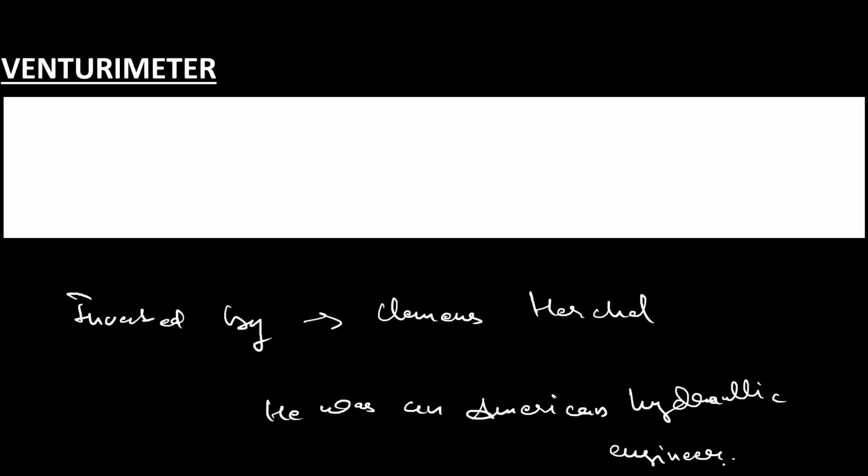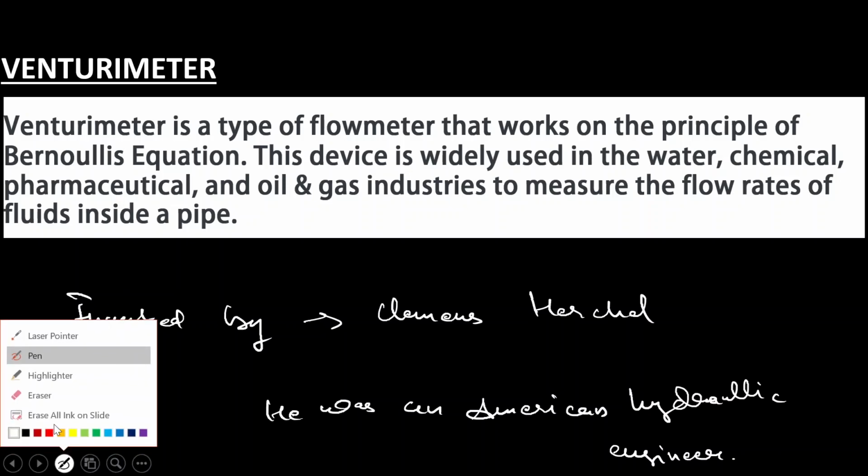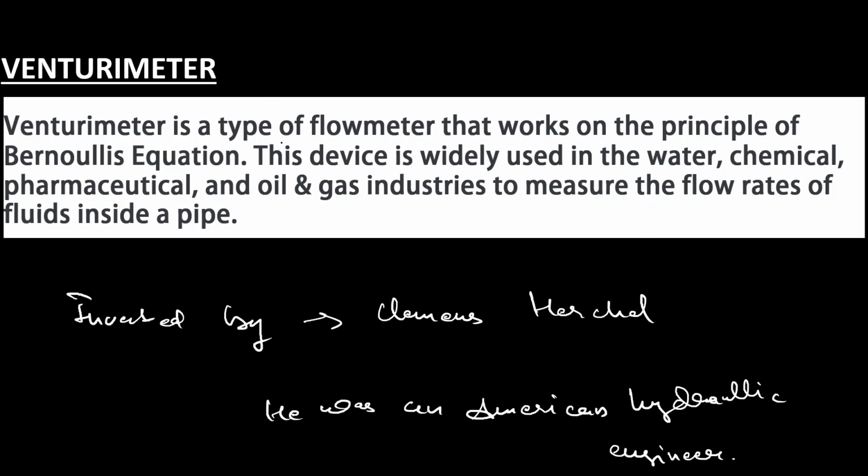After that, I will tell you the definition of the venturimeter. The venturimeter is a type of flow meter that works on the principle of Bernoulli's equation.